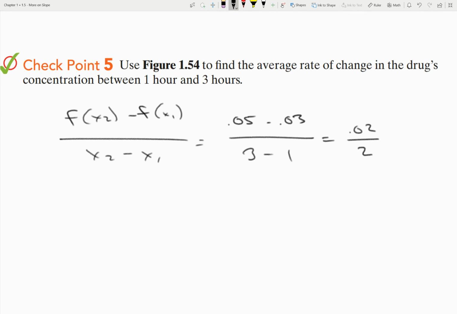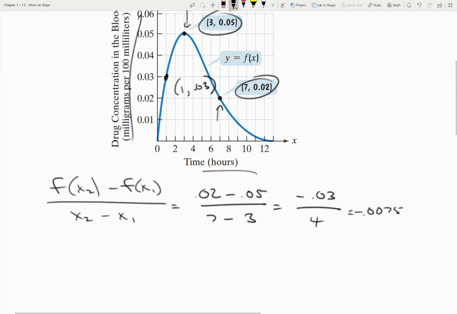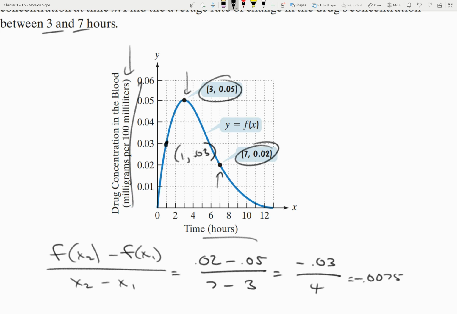And so we get 0.01. Okay, and what's the units? Milligrams. Let me write it out. Milligrams per 100 millimeters per hour. Okay, the y unit, whatever it is, divided by the x unit.